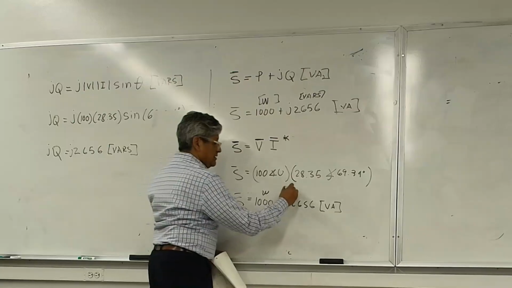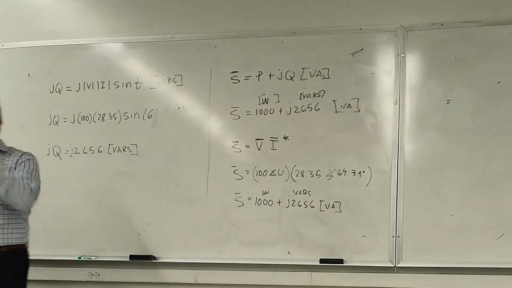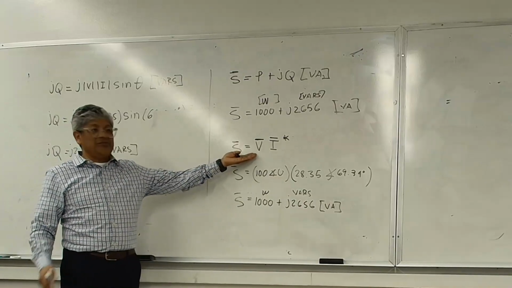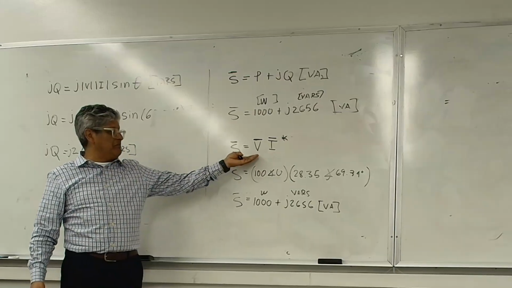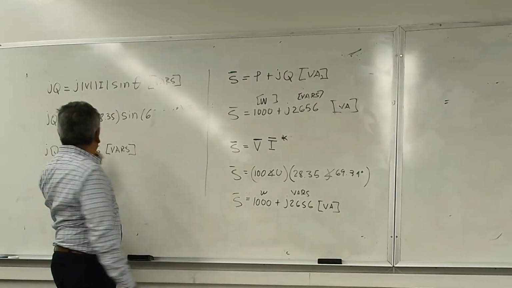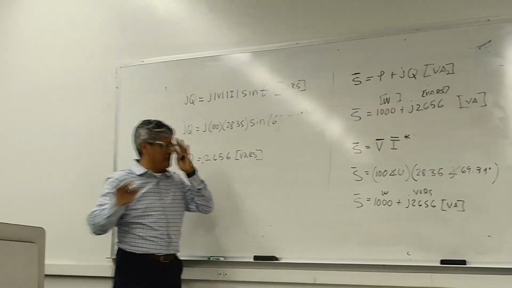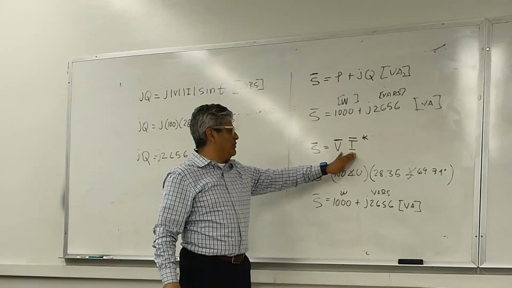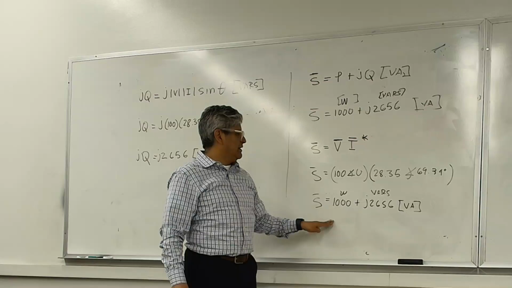Again, watts, vars. Sometimes they don't provide you with the voltage, they provide you with the current. If they provide you with the phasor voltage and current, both, you can use this formula and come up with the apparent power.